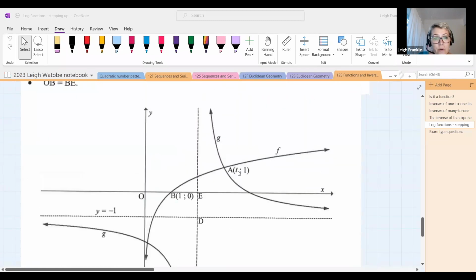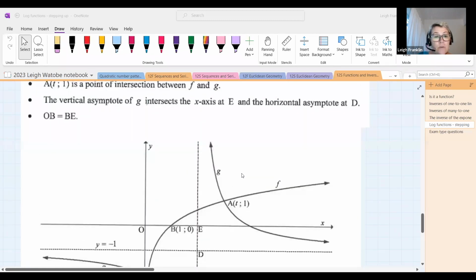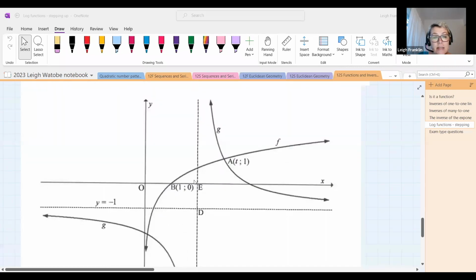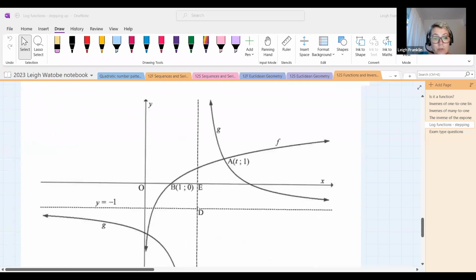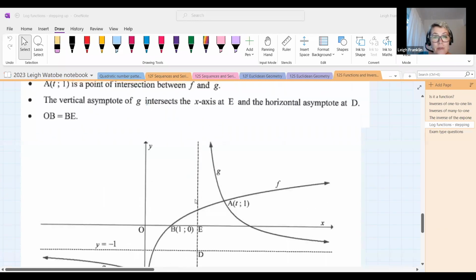The vertical asymptote of g intersects the x-axis at E, so that's this point over here, and the horizontal asymptote at D, so that's that point over there. And OB is the same length as BE. So OB equals BE.